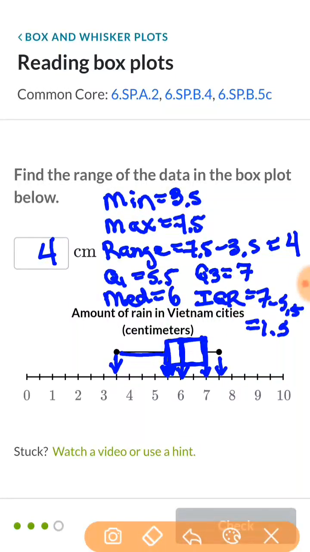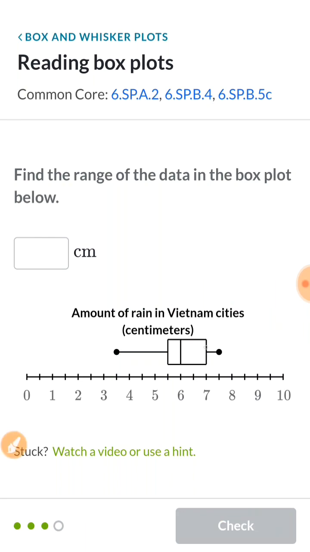So a really good way to look at the interquartile range, this box right here represents the interquartile range. Let me clean that up a little bit for you. So again, this box right here represents the interquartile range. So whatever this number is here, 7 minus 5.5, that's the interquartile range.